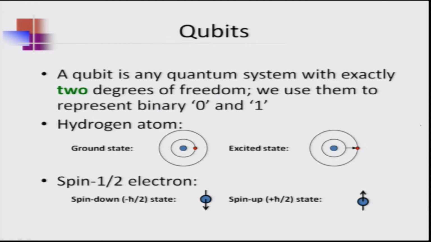Okay. Now, the basic idea of a qubit is a quantum system with exactly 2 degrees of freedom. Let me also point out that I am giving you an evolved picture. In the 1980s, people were not really concerned about just the 2 degrees of freedom.